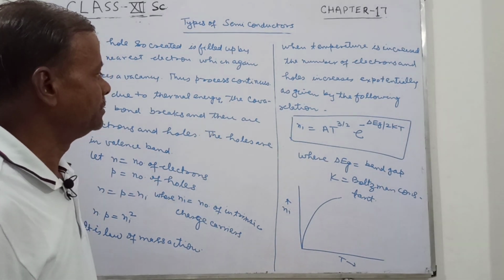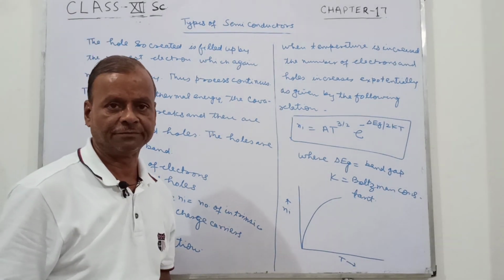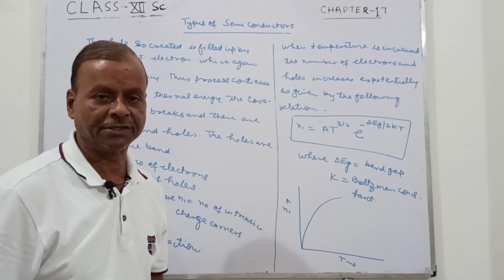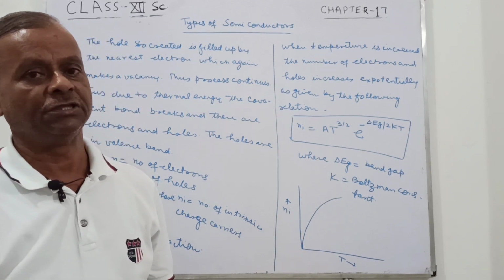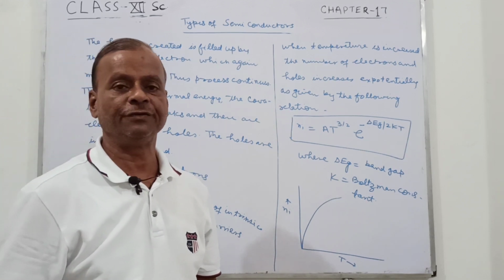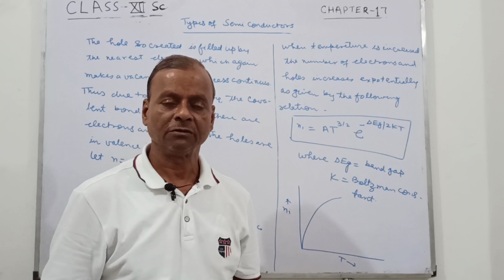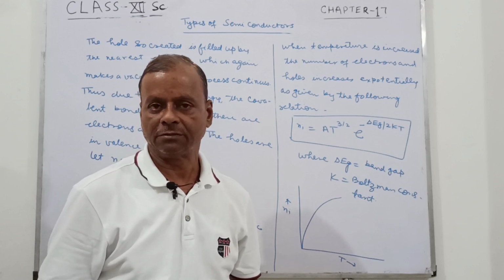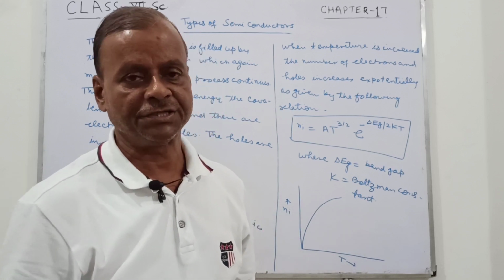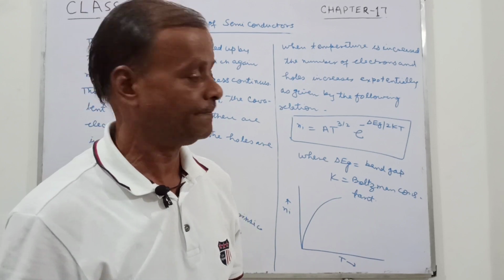So this is what the intrinsic semiconductors are. These are the pure semiconductors in which there is no impurity at all. And next day I will tell you about the extrinsic semiconductors.